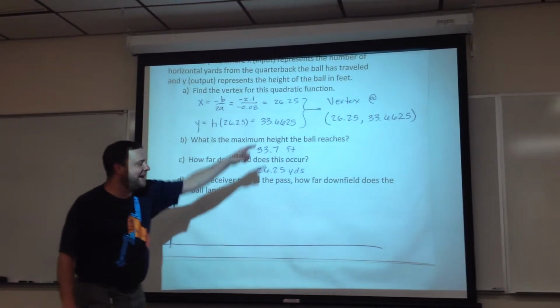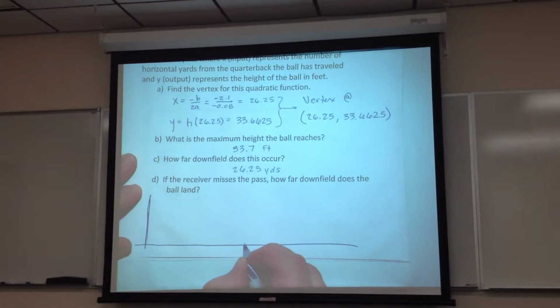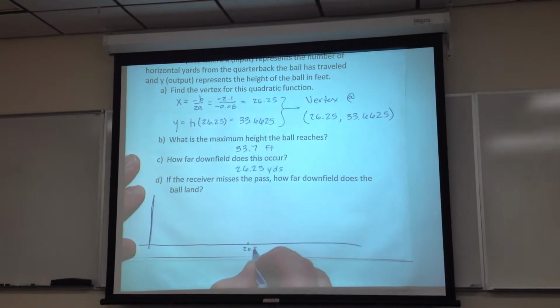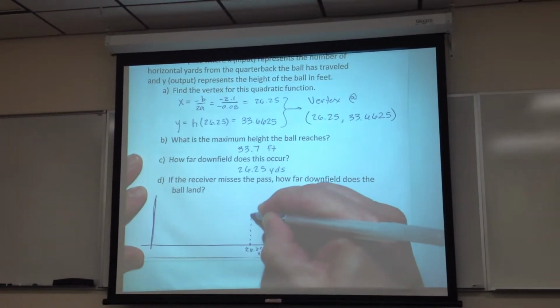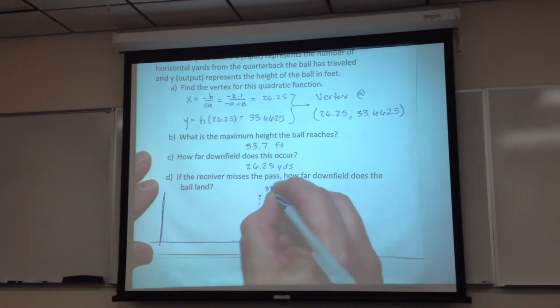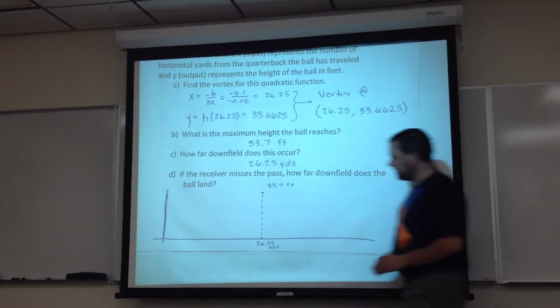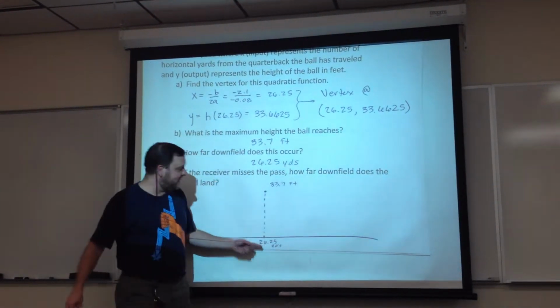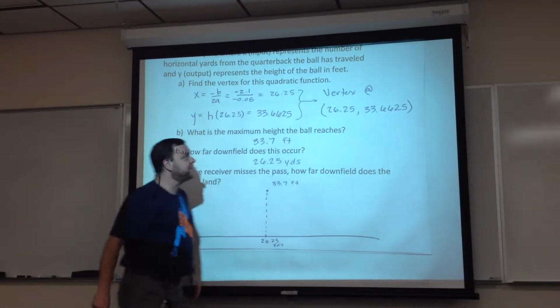What we just figured out is somewhere around here: 26.25 yards downfield, the ball reaches its peak height of 33.7-ish feet. So there's my x-coordinate and my y-coordinate for the vertex. The parabola should open down from here.